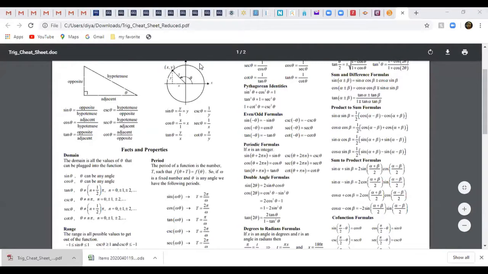Now if you look at your formula sheet, we have discussed the sum and difference formulas. If you have your formula sheet with you right now, you can mark these formulas. These are the ones that we have discussed in 7.3.